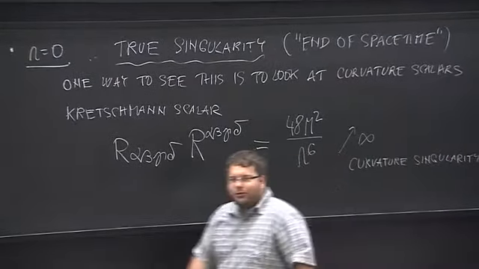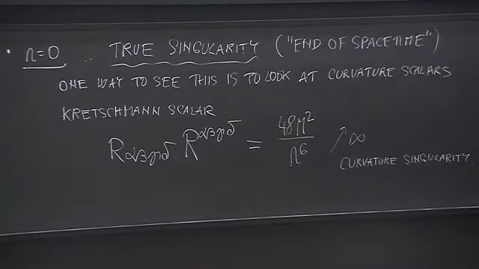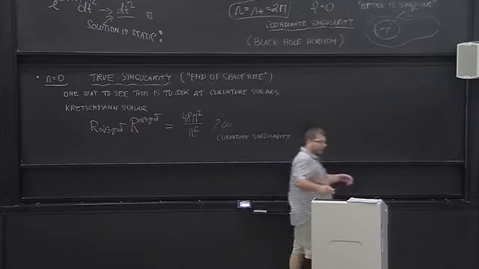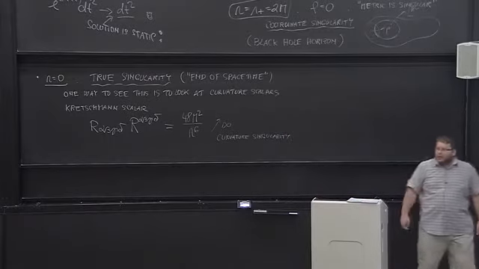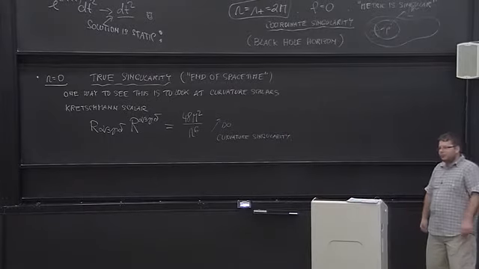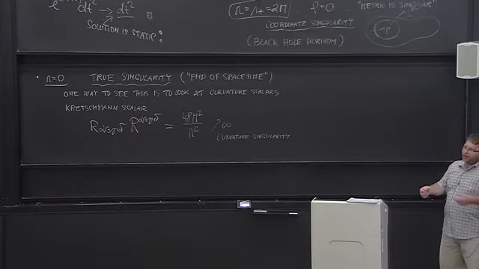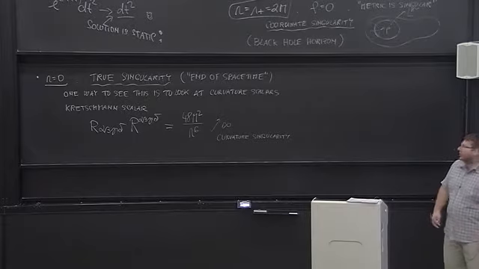It's very important that you look at the scalars rather than the components of some tensor. Of course, I may think I just look at the components of the Riemann tensor, and I find that this component t r r t r actually diverges at r equal to 0. That's very nice, but somebody else uses different coordinates, and then he will not see any divergence of components of the Riemann tensor.